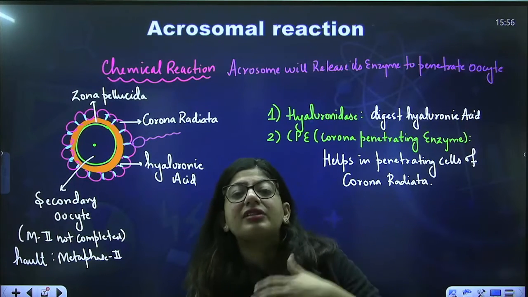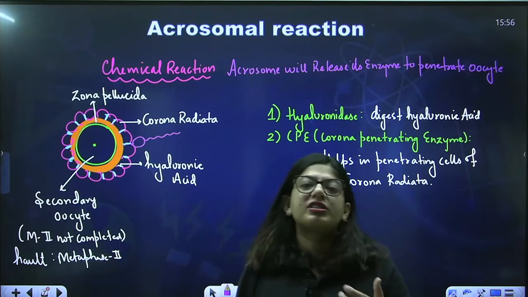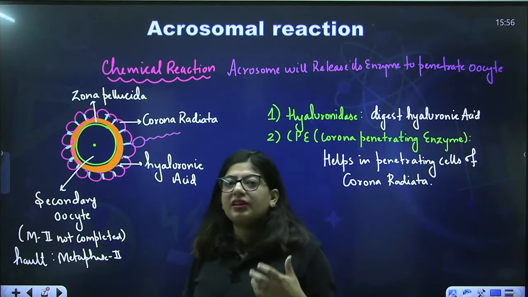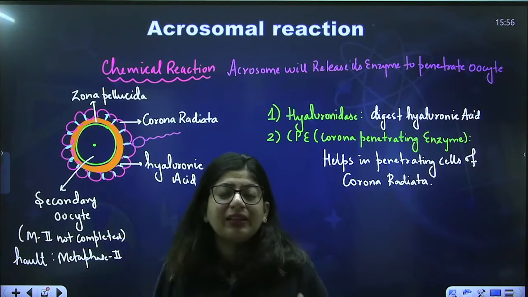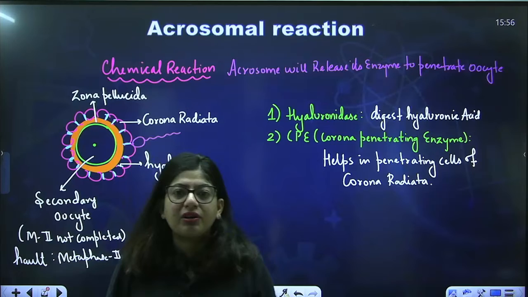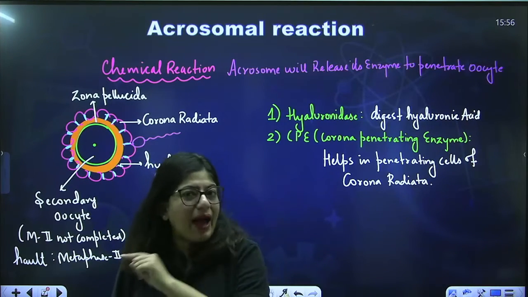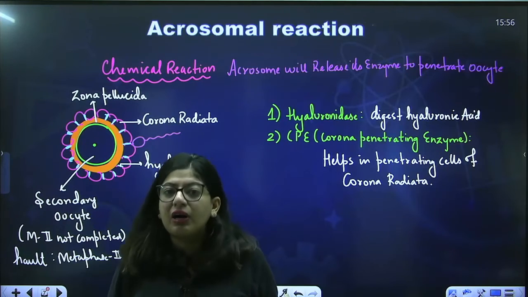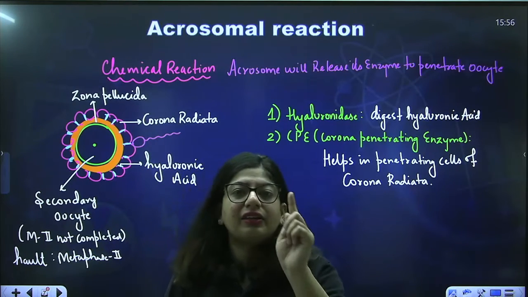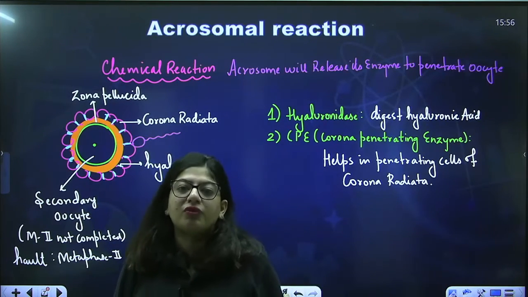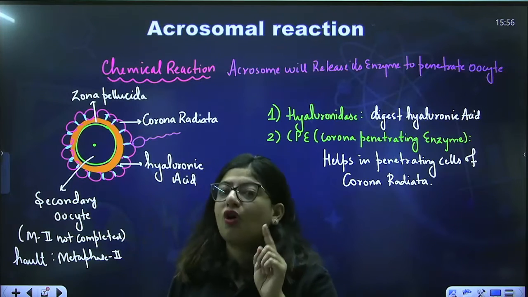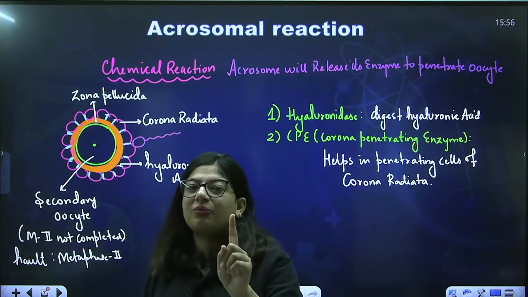That's why it is asking for the password. And what is the password? The password is in the form of proteins. There are certain protein receptors present on the surface of the zona pellucida. If they match with the surface protein of the sperm, only then will the sperm be allowed to move inside. If they do not match, it will not be able to move inside.